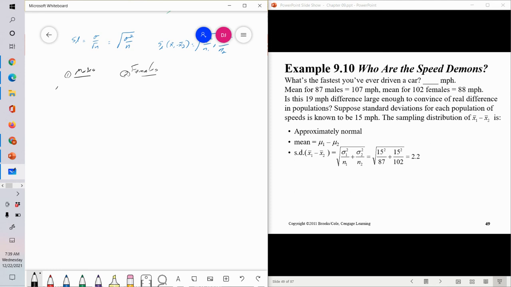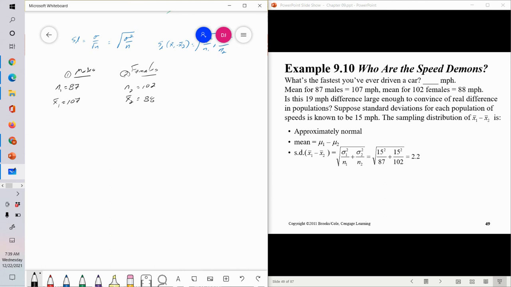So n1 is 87 because 87 males were surveyed. X bar 1 is 107. For females, 102 females were surveyed, and the mean fastest speed they've ever driven is 88 miles an hour.